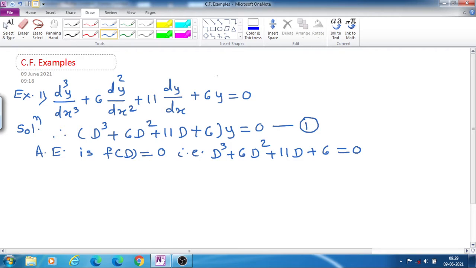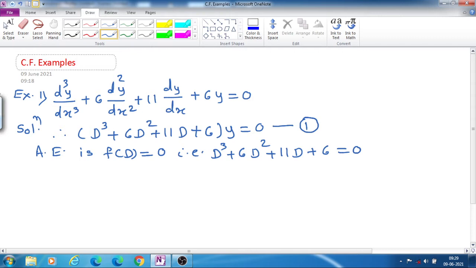You see here the sum of the coefficients of odd degree terms. Odd degree terms are here d cube and d, and even degree terms are d square and 6, which means 6 into d raised to 0. Therefore d square and constant term, these are even degree terms.